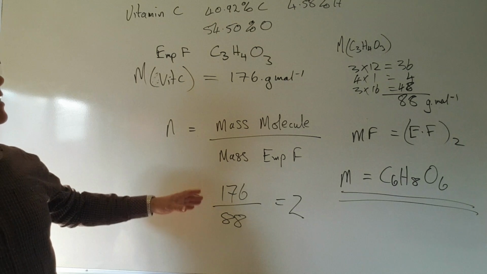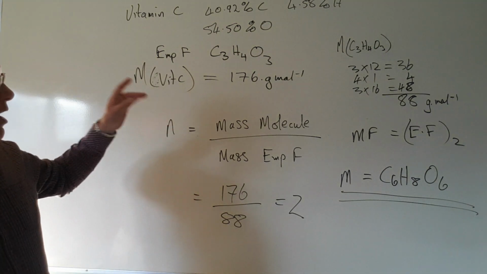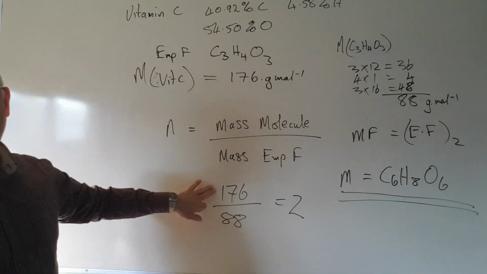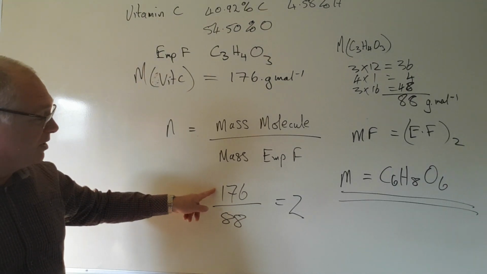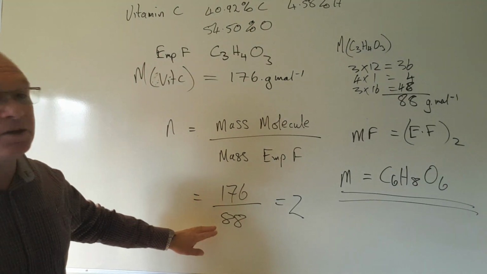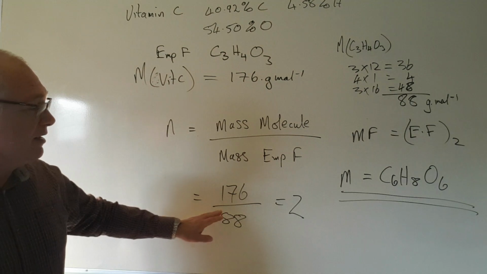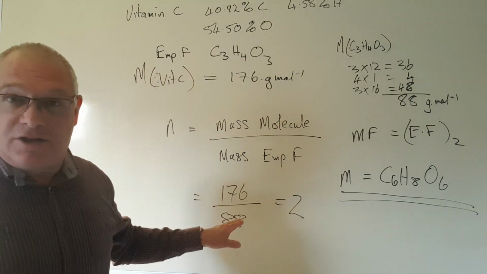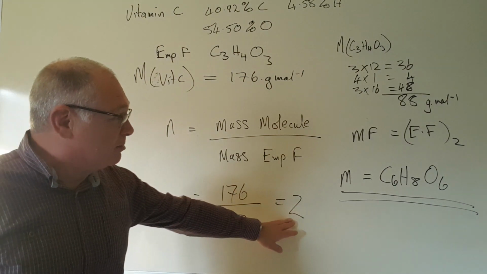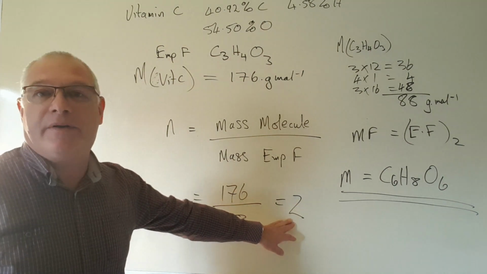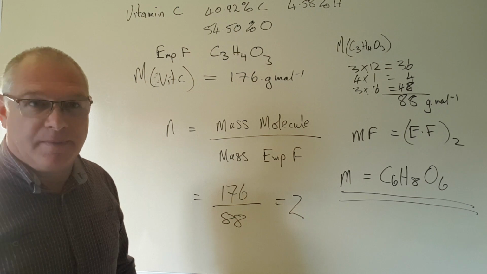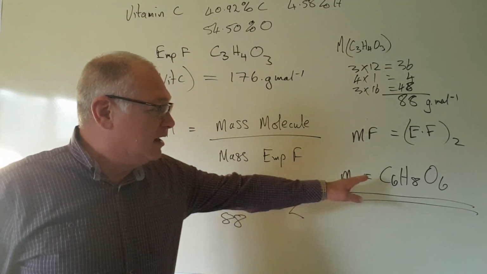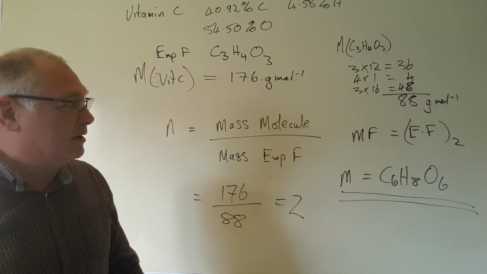This last step is very, very easy to do. Often you can see just by looking at it that the molecular formula is about twice as big or 3 times as big, and therefore my multiplier is quite obvious. It could be that you need to do a bit of rounding here because your multiplier is only ever going to be a whole number, and then we end up with our molecular formula.